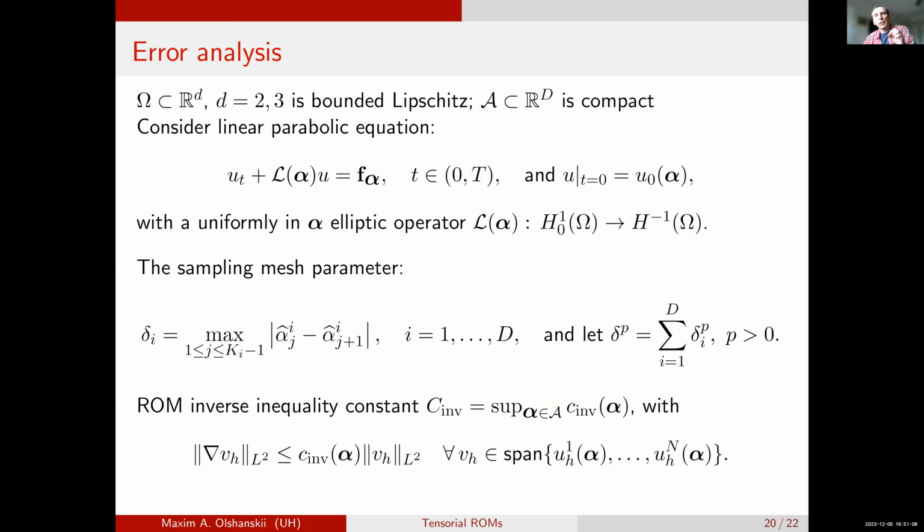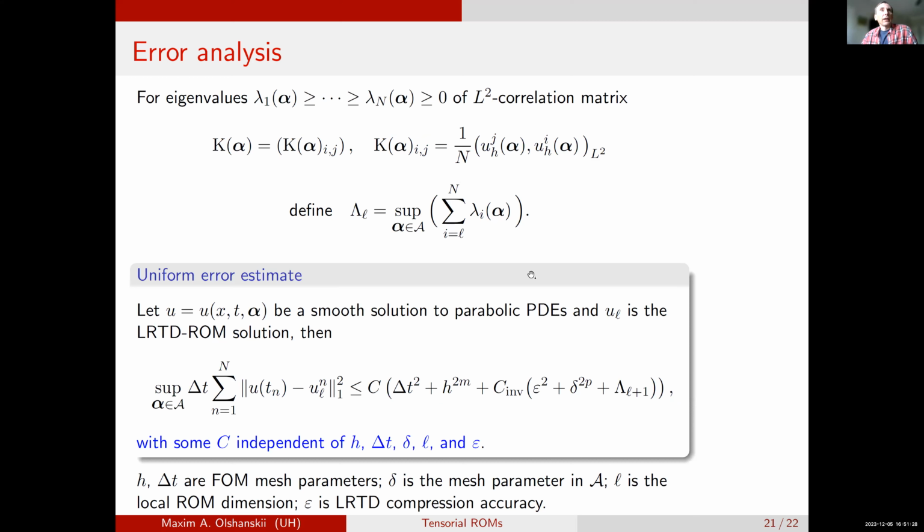I only need it for the reduced space for a particular alpha, and then I take the supremum over all alphas in the parameter domain, and I want it to be bounded. So this constant will enter the analysis. And here is the result.